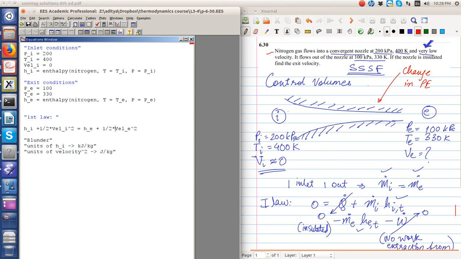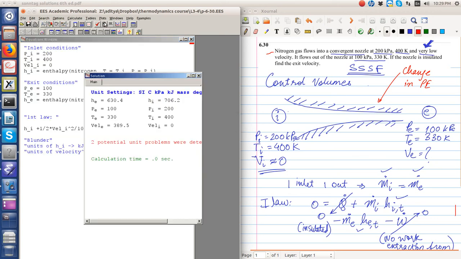Thus, to make it consistent, we have to divide everything by 1000. If I divide it by 1000, the unit of this quantity will become automatically in kilojoule. Half velocity square is in joule per kg. If I divide joule per kg by 1000, I will obtain kilojoule per kg, which makes the units of he and half velocity square by 1000 equal. It's a very important thing to note, otherwise the answer will be wrong.